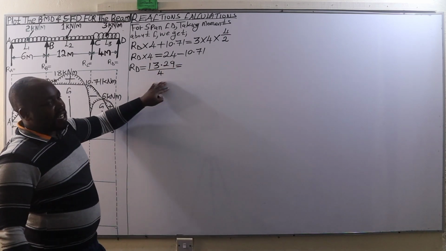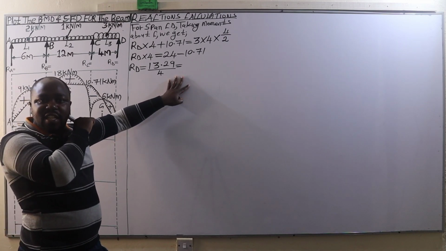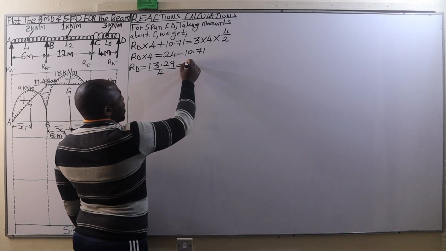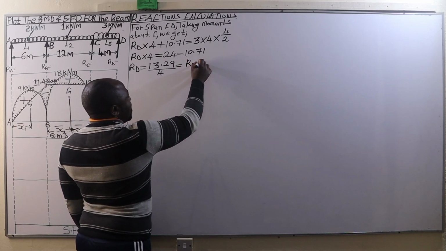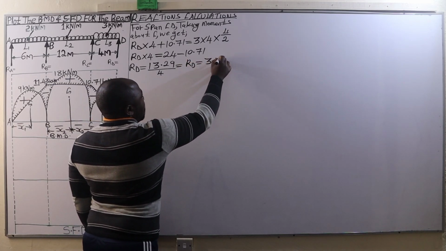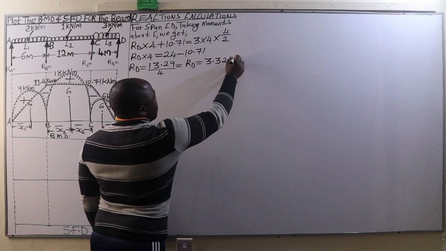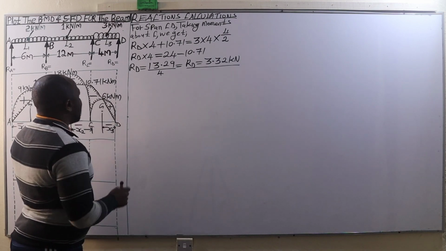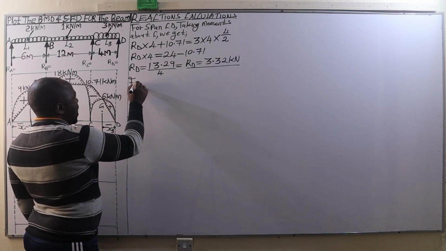And when we do that, we get a reaction at D of 3.32 kilonewtons. Therefore, reaction at D is 3.32 kilonewtons. Good.